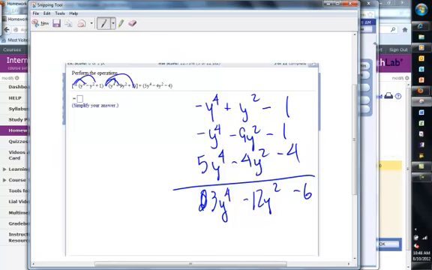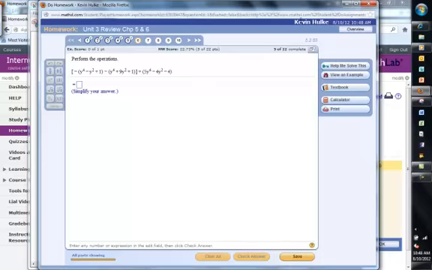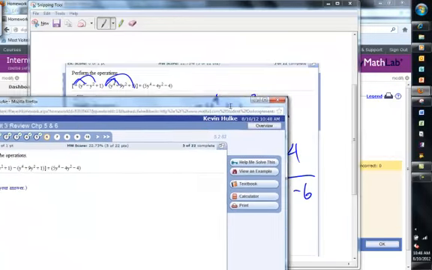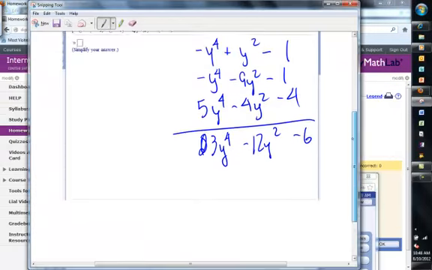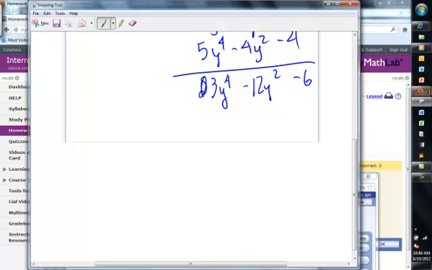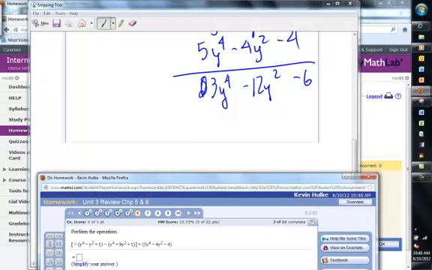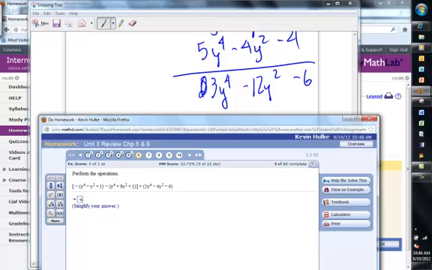So our answer is, let's scroll up and see this all at the same time. 3y to the 4th minus 12y squared minus 6.